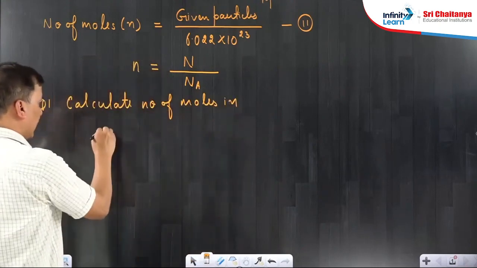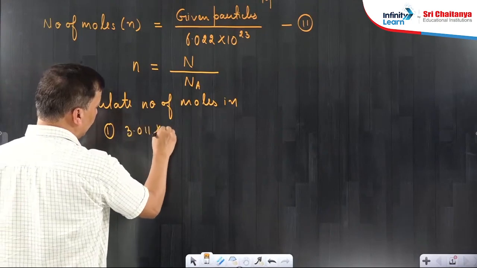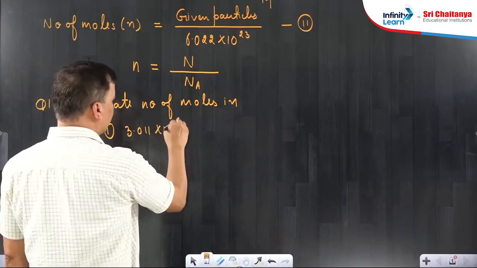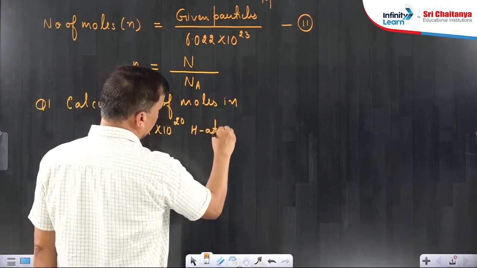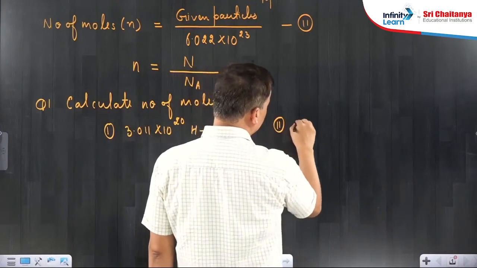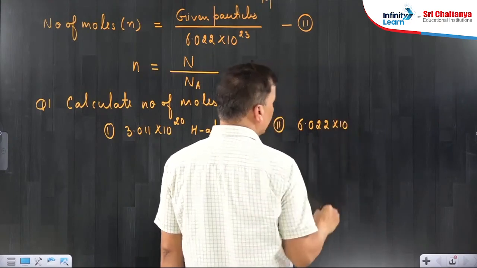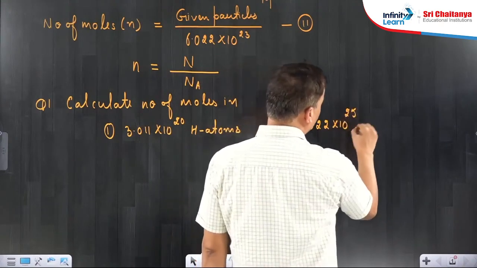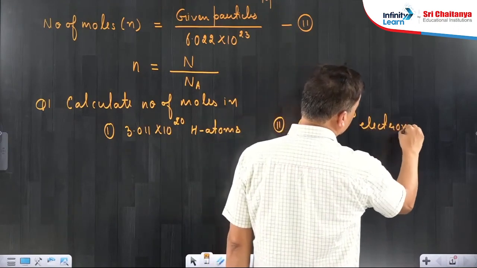In number 1, we have 3.011 into 10 raised to power 20 hydrogen atoms. Number 2, we have 6.022 into 10 raised to power 25 electrons. These are the numbers of electrons.